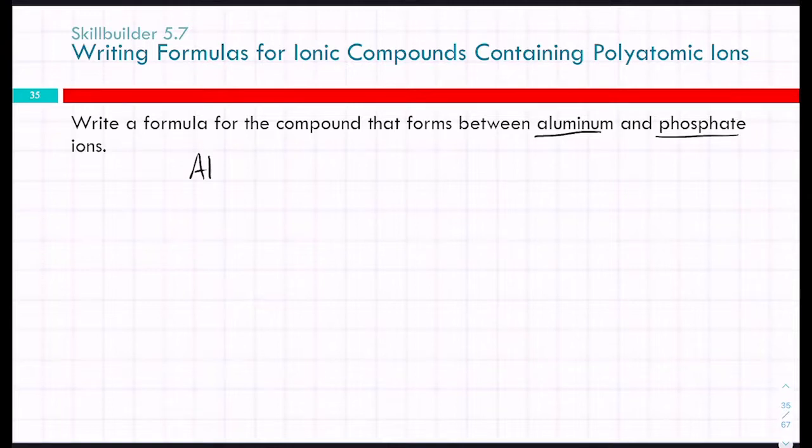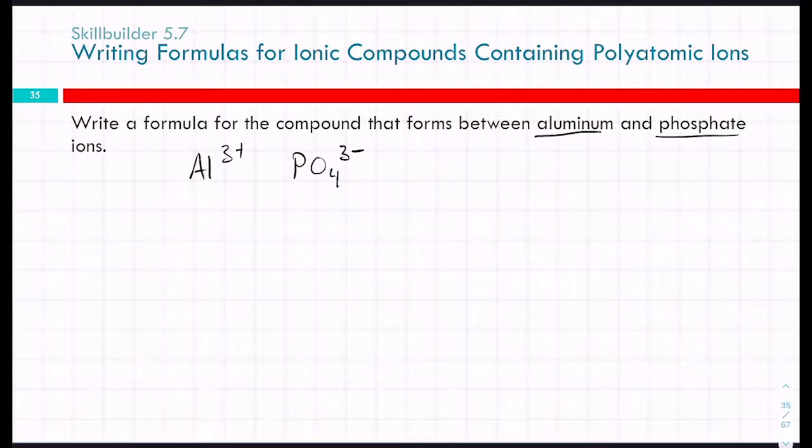So I think I've mentioned this before. Patterns really help me for recognizing where things are on the periodic table and using the periodic table to memorize things like charges. So aluminum has a 3 plus. Phosphate is made from phosphorus and oxygen. It's PO4, 3 minus.